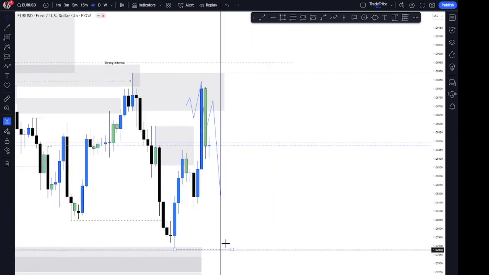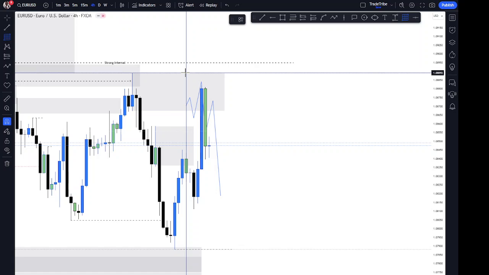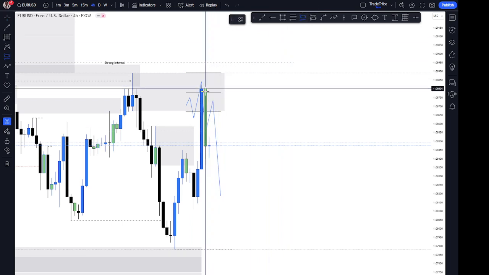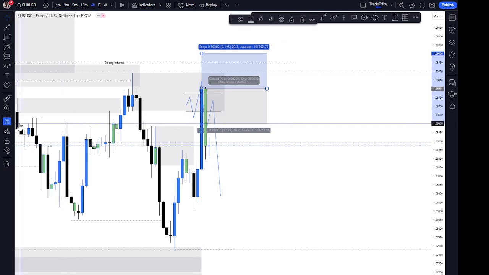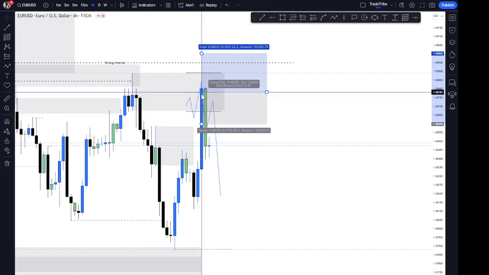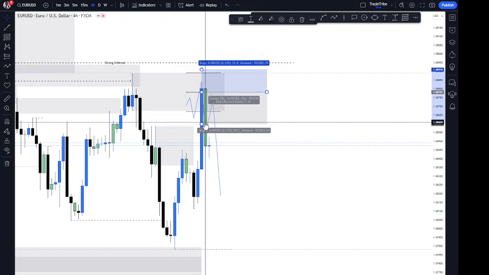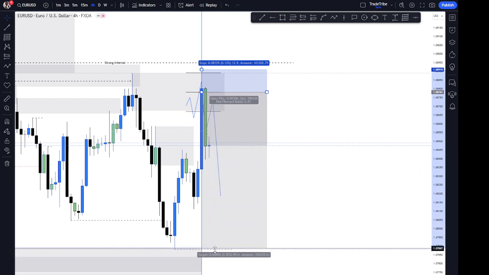Yeah, so whoever maybe has taken that trade, their target is the same point, target one being this row here.